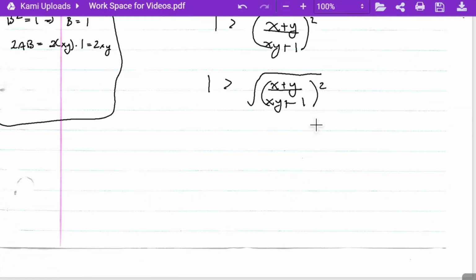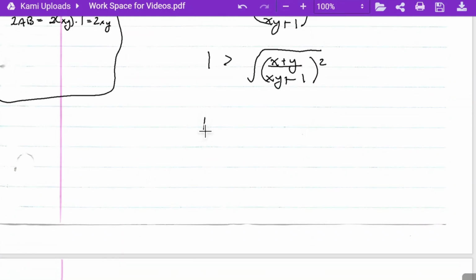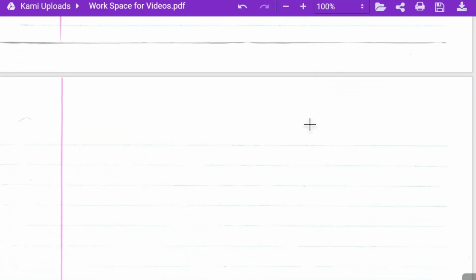Now, using the definition of the absolute value again, we see that 1 is greater than the absolute value of (x plus y)/(xy plus 1). Then finally, we can see 1 is greater than (x plus y)/(1 plus xy).